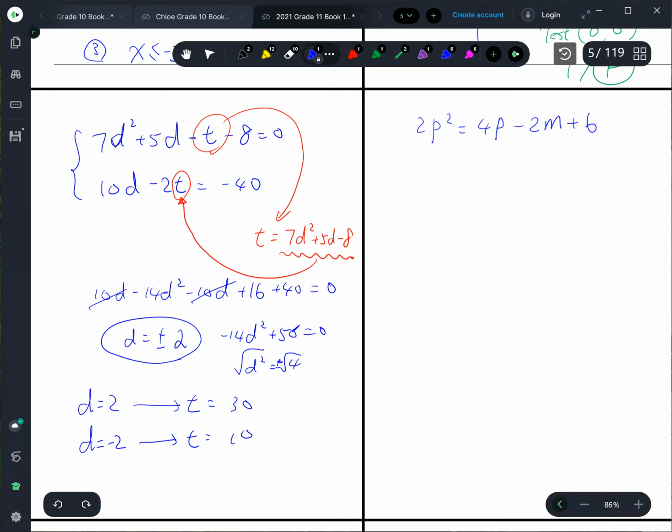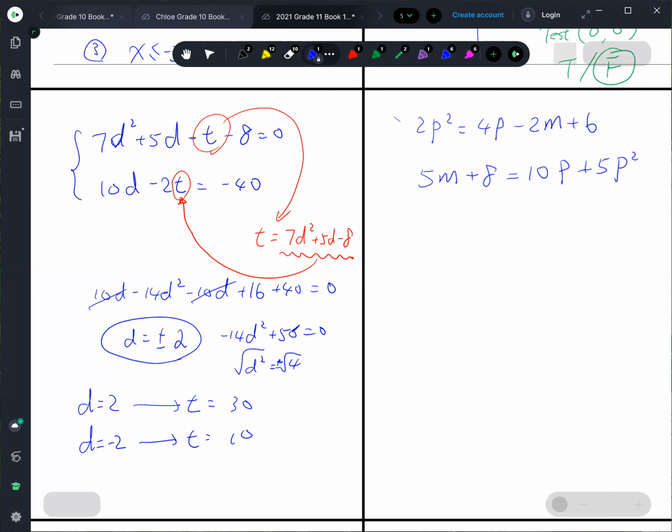And there are 5m plus 8 equals 10p plus 5p, so that's like 15p then, 5p squared.